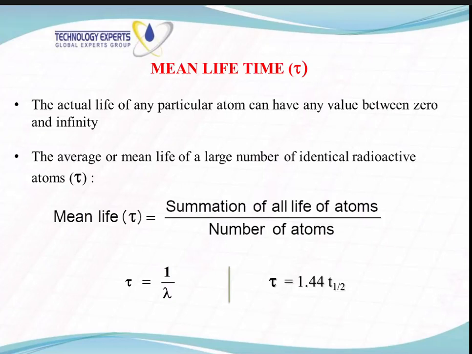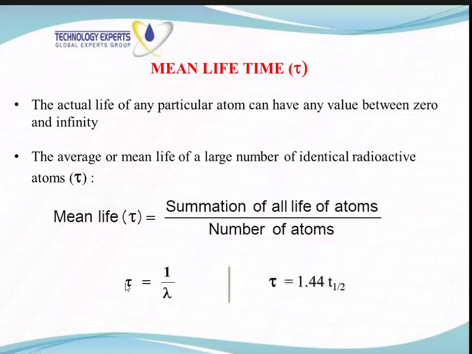Now, let's take another quantity. Really, this quantity is used only for statistical calculations. There is no physical meaning for it. This is the mean lifetime. It's an average lifetime.